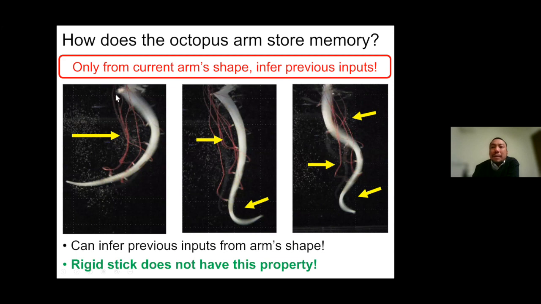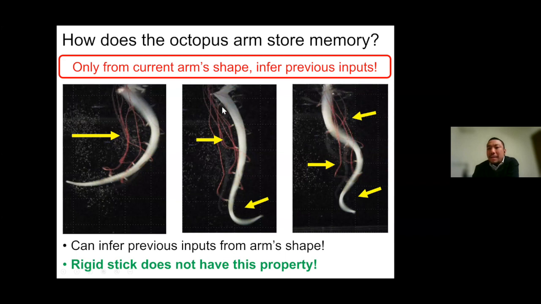And as you can see, intuitively, of course, we can infer, for example, if we have this kind of shape currently, then we can infer that the motor moved from here to here, here to here. So we can infer that the previous motor command was behaving like this.